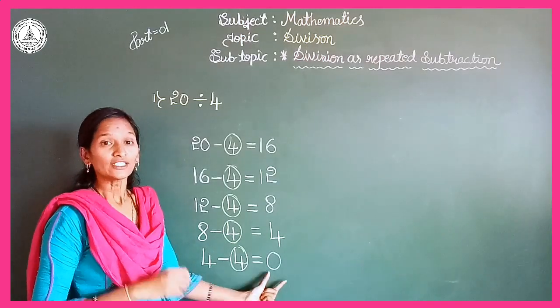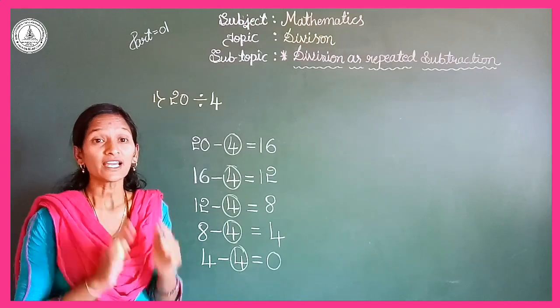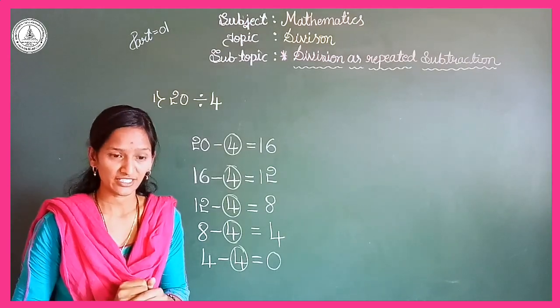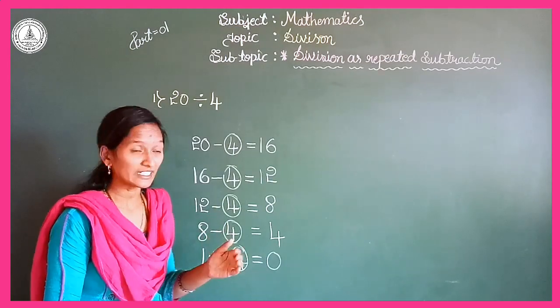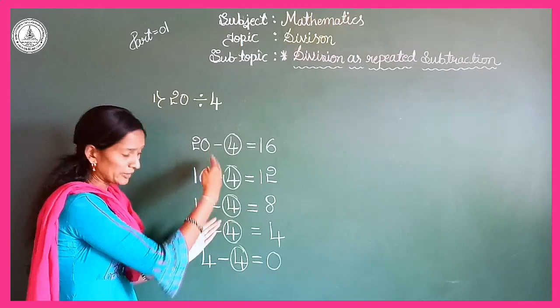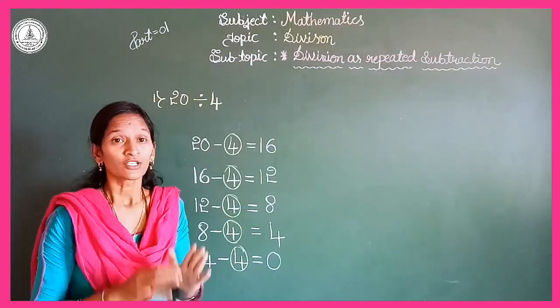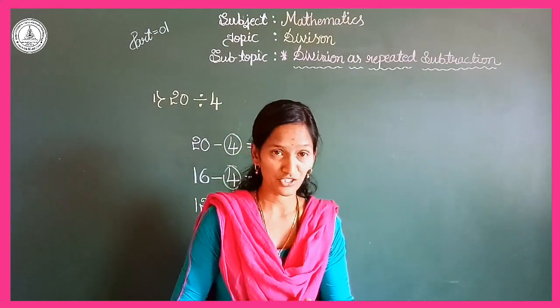Right? So this shows that division is repeated subtraction. Here we are subtracting the same number repeatedly. So in this problem, we are subtracting the number 4 repeatedly. So students, this is the concept of division as repeated subtraction.